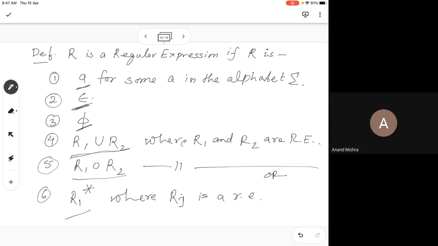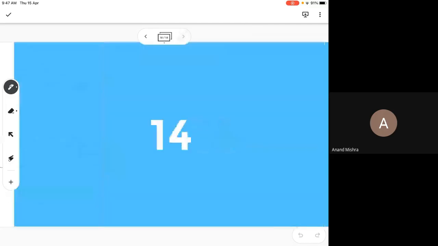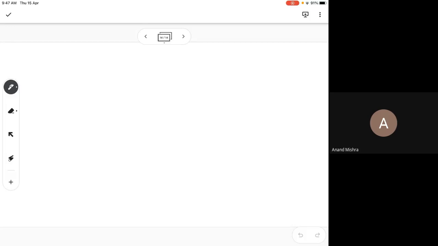Let's do some examples to understand this. Another thing is, when you say A star, that means zero or more repetitions of A. There is another thing which is not in the definition, but for convenience we use it: A plus.